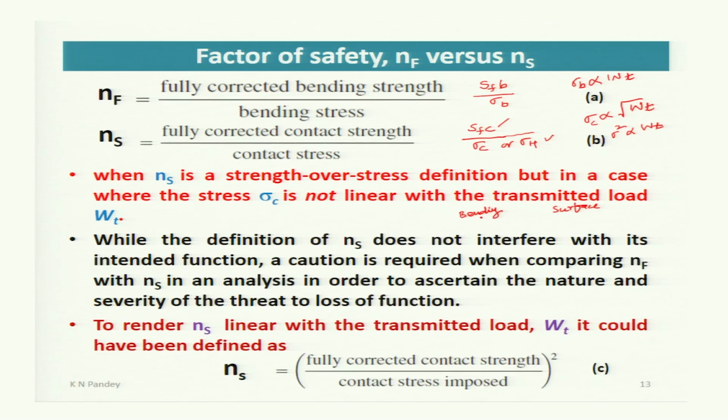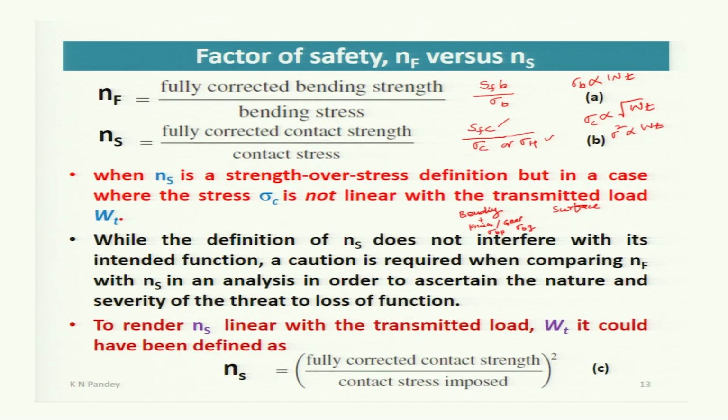Then what we do is, we determine for the pinion and for the gear whatever bending fatigue stress acts, that means sigma B for the pinion and sigma B for the gear. And for the material of the pinion and gear, we determine the value of SFB.